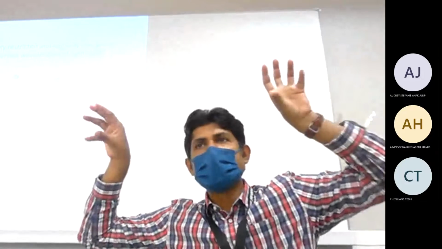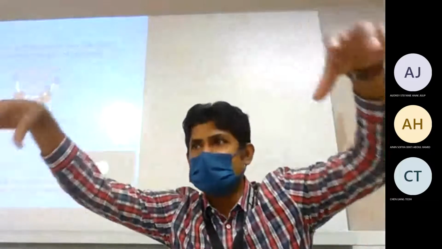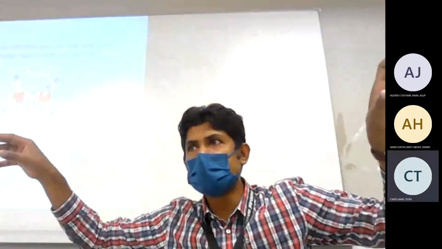So E and Z, cis and trans, we know, right? Cis and trans, we know when there is a double bond between carbon and carbon, and two similar substituted groups are on the same side of the double bond. Here is one carbon, here is another carbon, and there is a double bond between them.